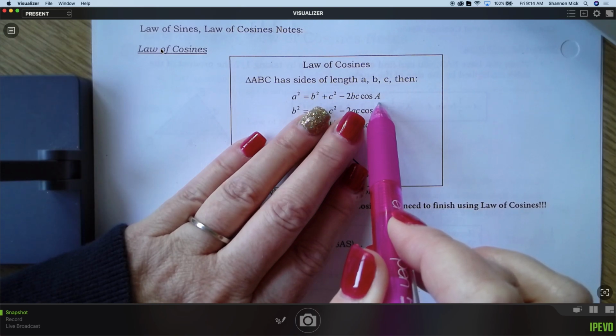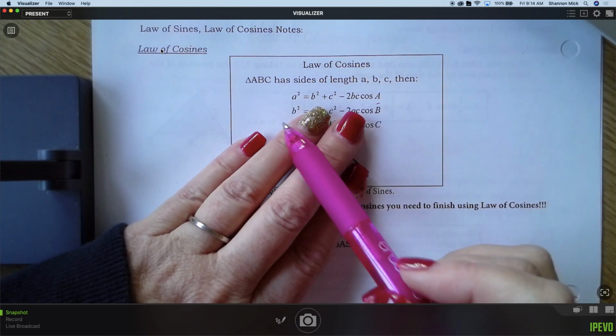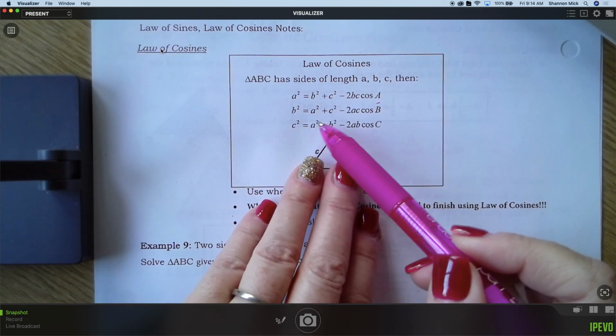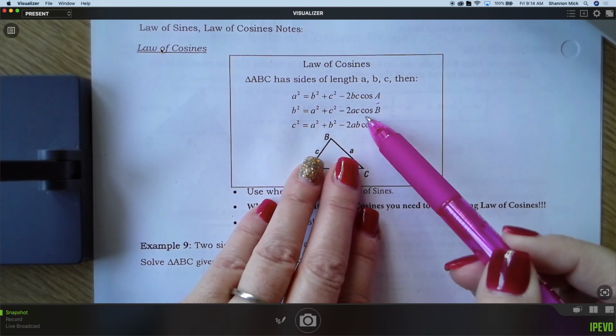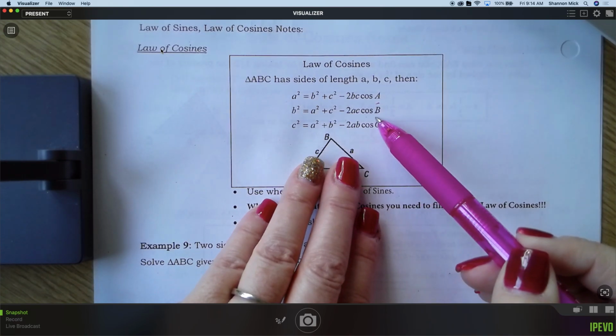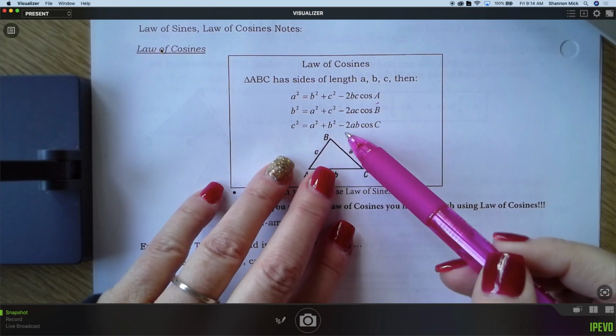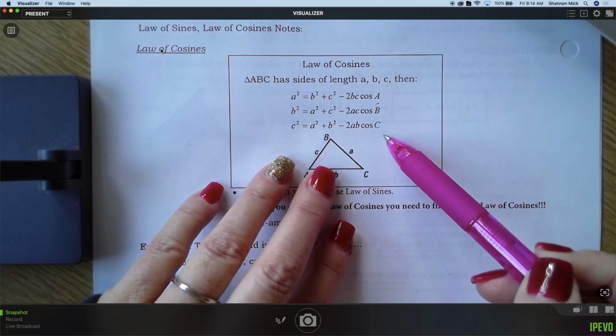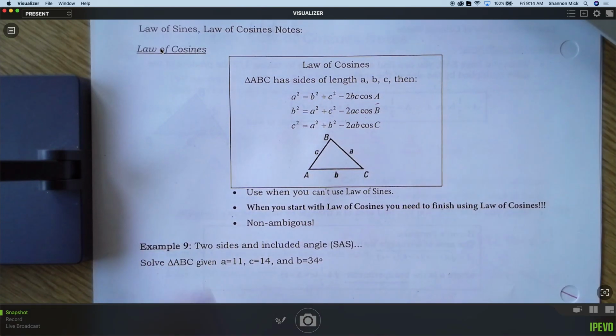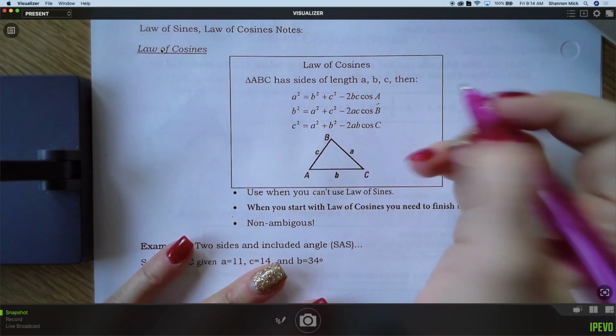That's all it is. So when I do B, it should be A squared plus C squared minus 2AC cosine of B, right? Yeah. When I do C, it should be A squared plus B squared minus 2AB cosine C. So are there really 3 equations? No. It's really just 1.